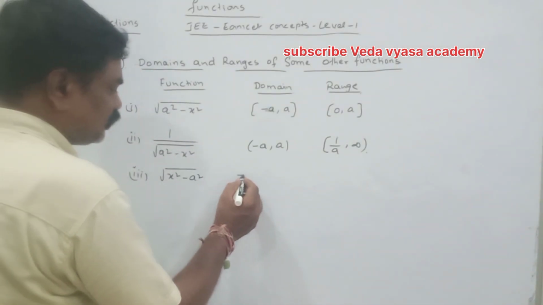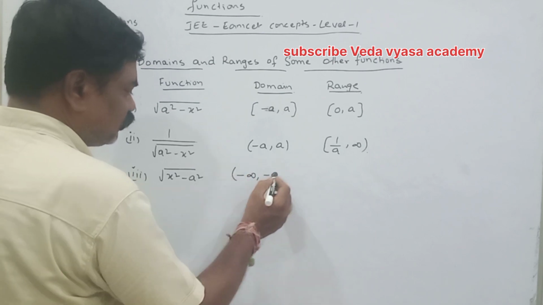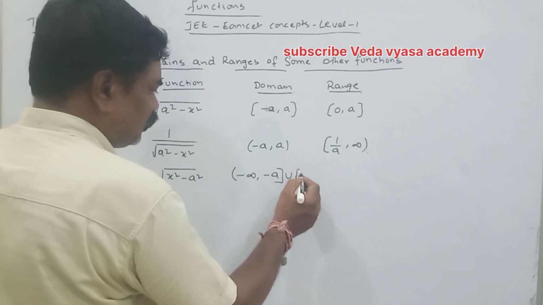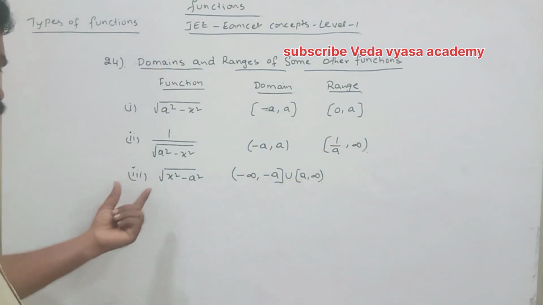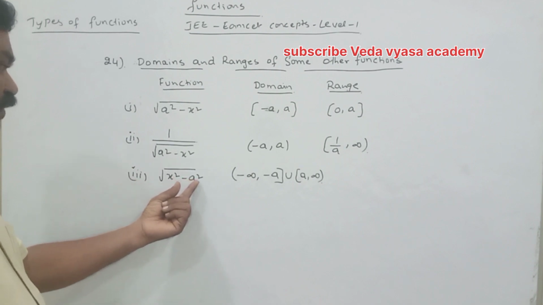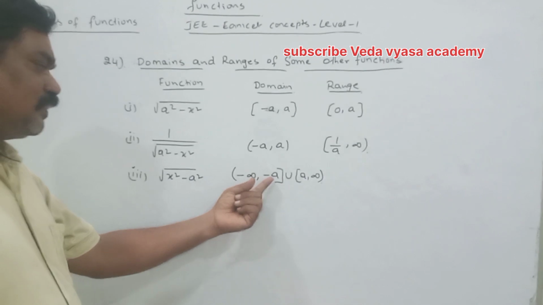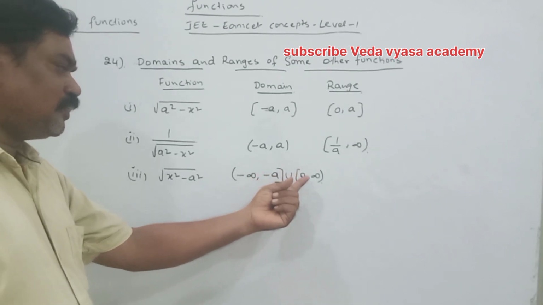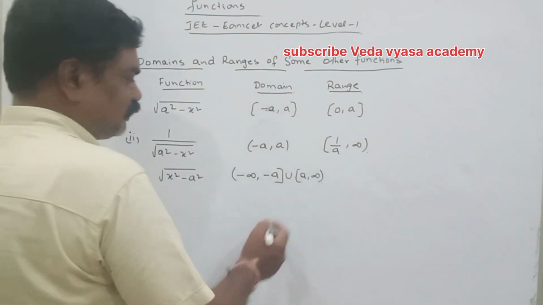This domain is open interval minus infinity to minus a, closed interval, union closed a to infinity open. This is the domain of the function.